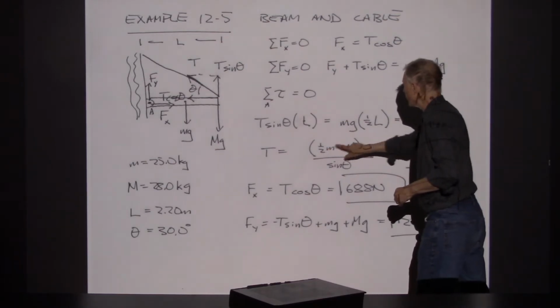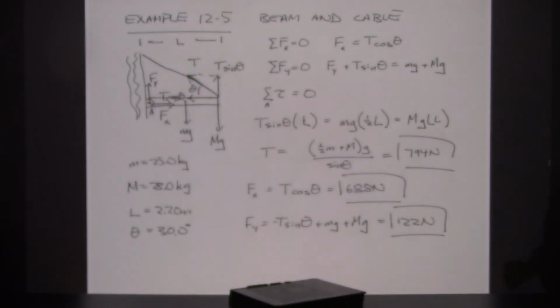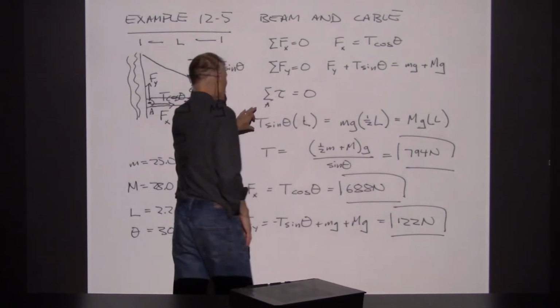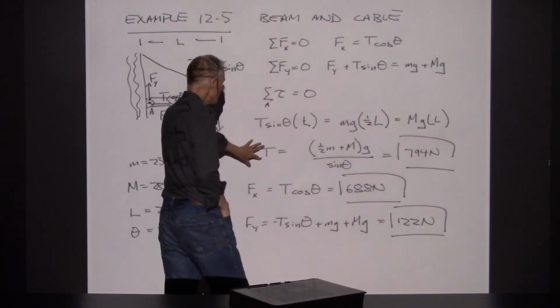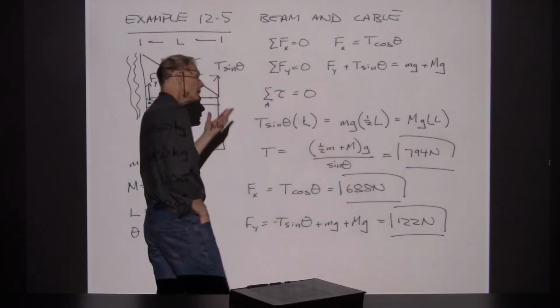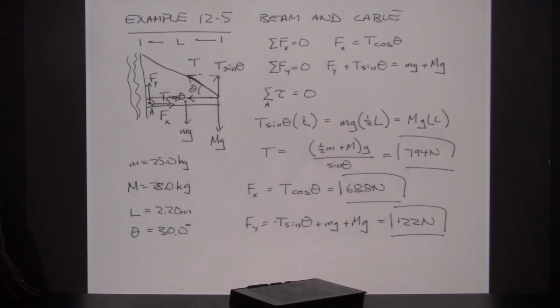The only thing that stays around is this factor of 1/2, since the center of mass, or the center of gravity, is at 1/2 L. So solving this torque equation, the tension is going to be (1/2 m plus big M) times g over sine theta. That works out to be 794 newtons.